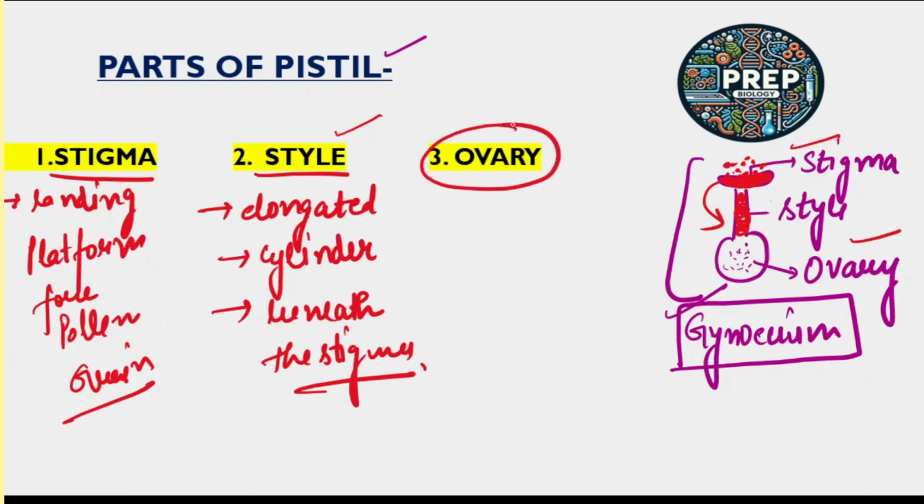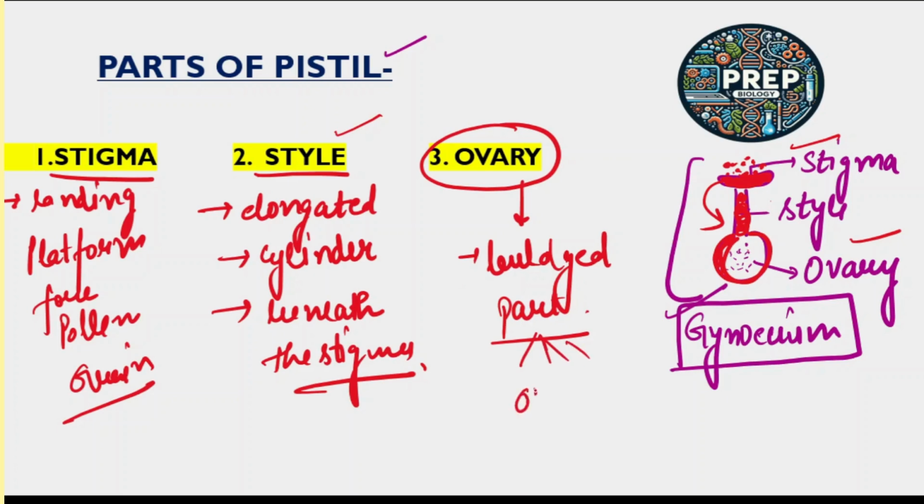Now ovary, the third part of the pistil is the ovary. Ovary is the bulged part of the pistil. Bulged means it has a swollen part that contains a number of ovules.